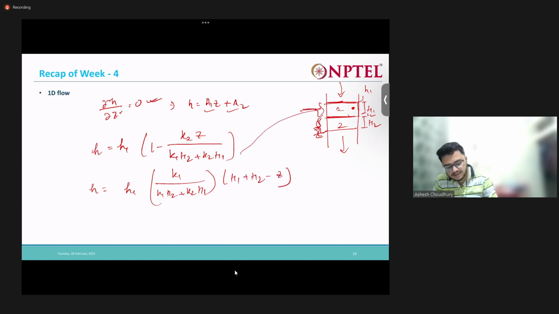This is valid in this region and this is valid in this region. So at any point in this soil, if we want to find the head, we can use this relation, and at any point in this other soil, this part, if you want to find the head, you can use this relation. So finally we determine this.